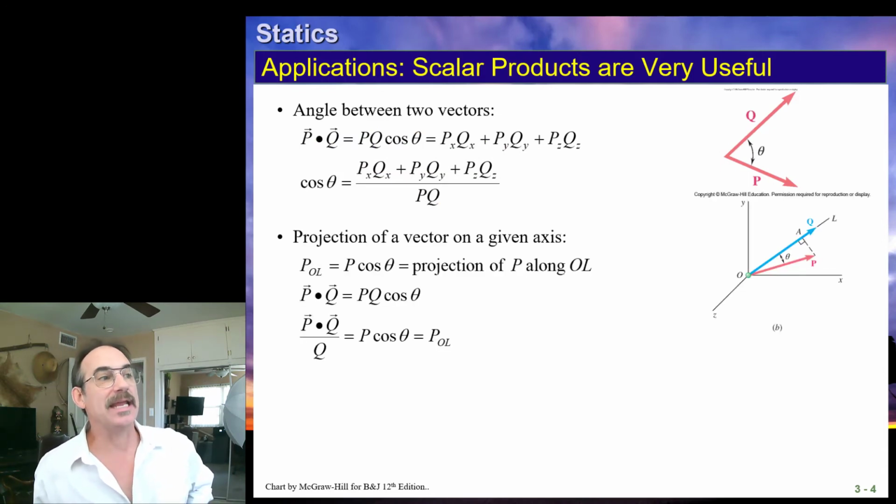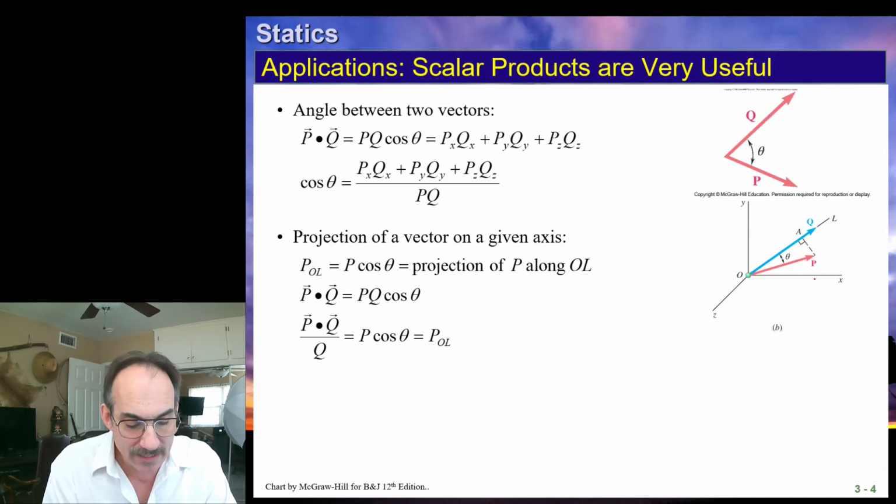And this means we can easily project a vector on another vector. So here in this picture, you can see we've got x, y, and z coordinates, and we've got some other vector, OL. And we're actually defining a vector Q onto OL to make it easier.